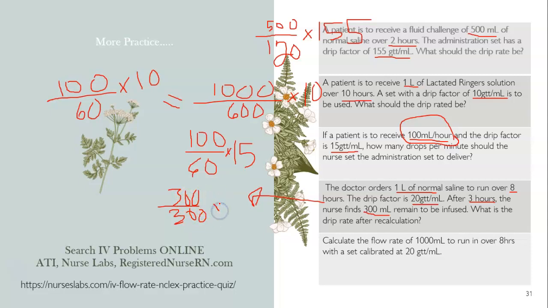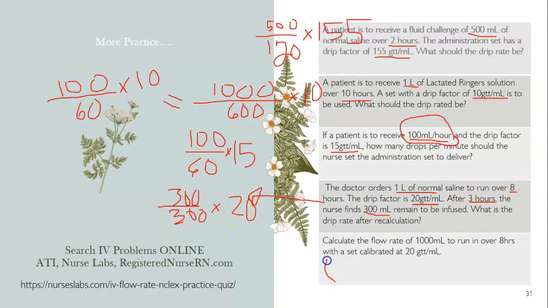Isn't that saying the same thing? But I'm going over 20 drops per minute. 20 drops per minute. 300 mils in the remaining time. The remaining time is 5 hours. It's going to end up being 20.